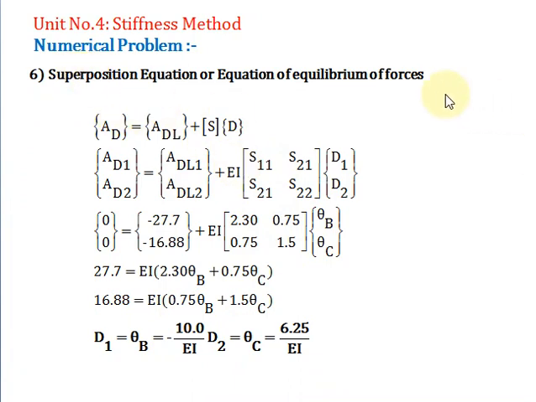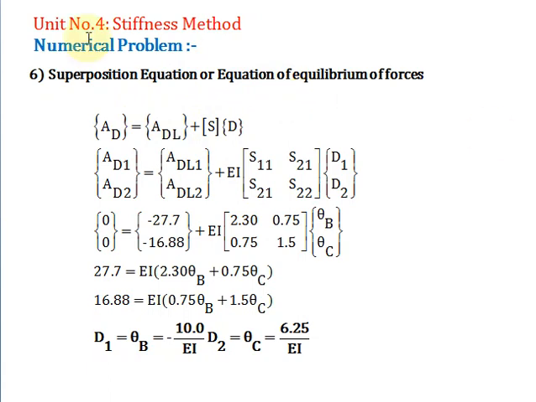Now the next step. First we restrained the structure, then we released the structure, and the third step is to balance the joint. You balance by applying the superposition equation, or the equation of equilibrium of forces.